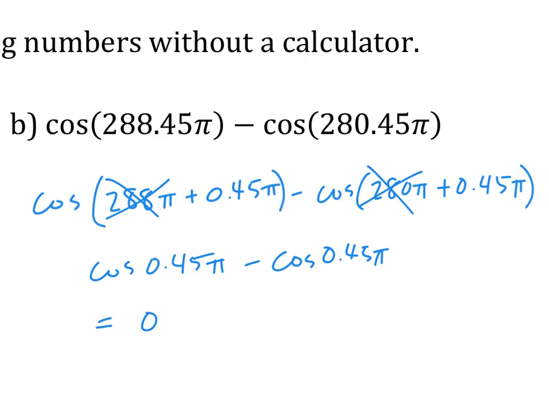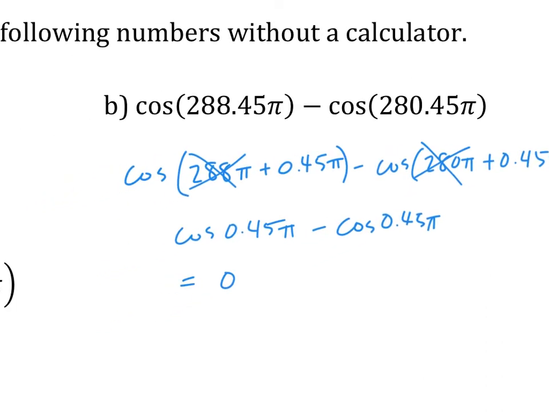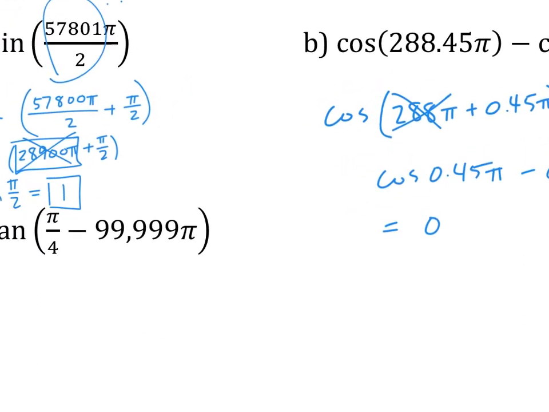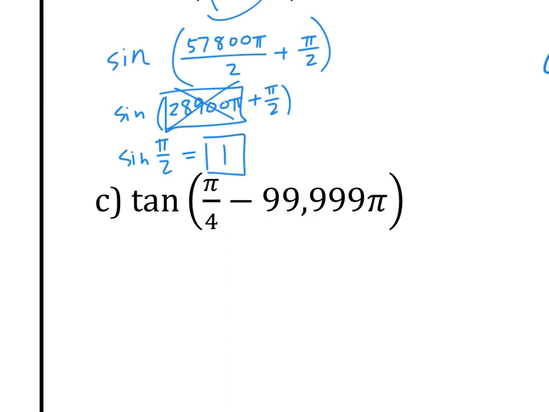Okay? All right, try this one. Recall that tangent has a period of pi, not 2 pi. So this whole thing cancels out, and this is just tangent of pi over 4.